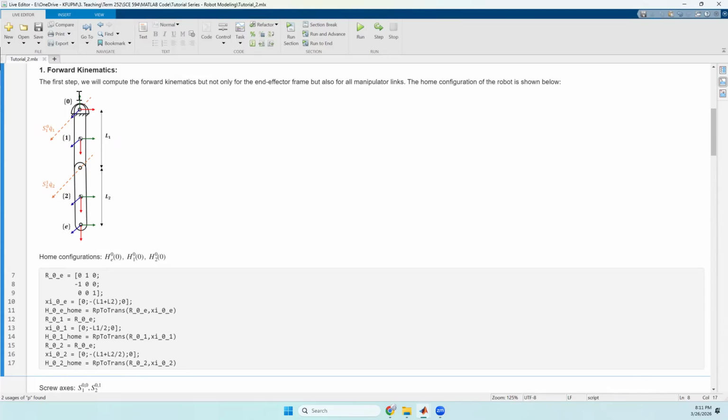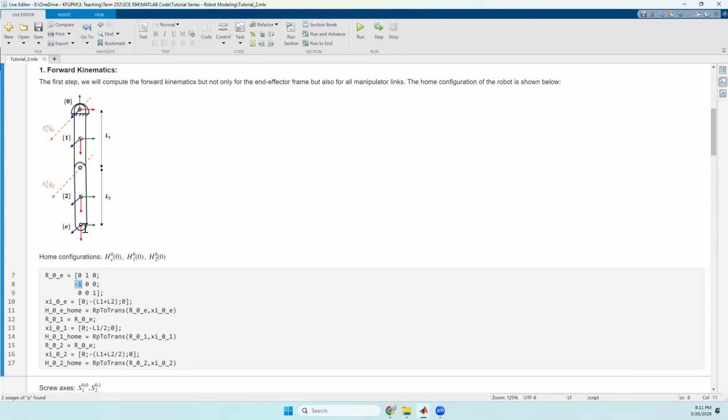So it's opposite to the green of the base. So this is the reason why we have the -1 here in the second row. So the first column corresponds to the X of the E frame, and it's in the direction of -Y of the base frame.